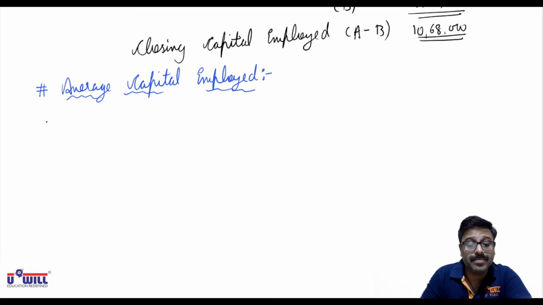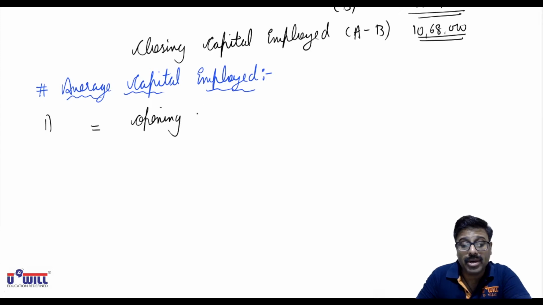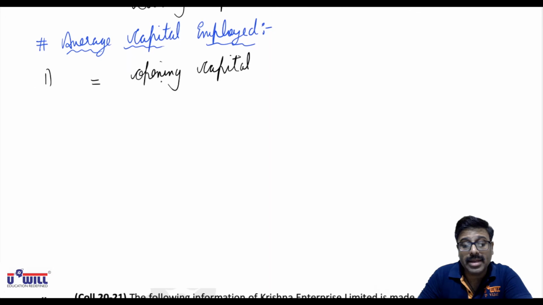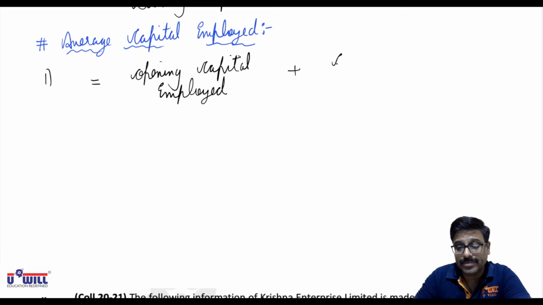First, it is equal to opening capital employed plus closing capital employed divided by 2.